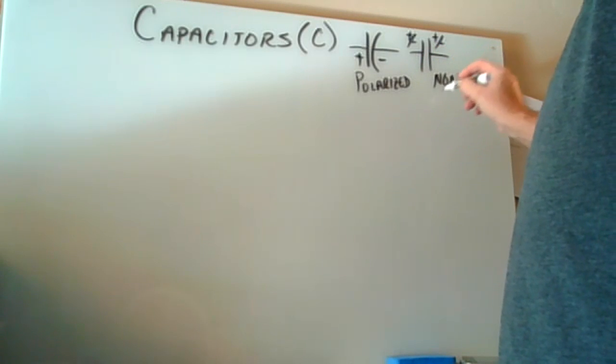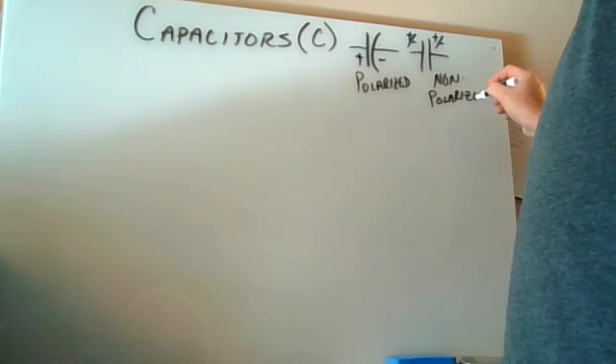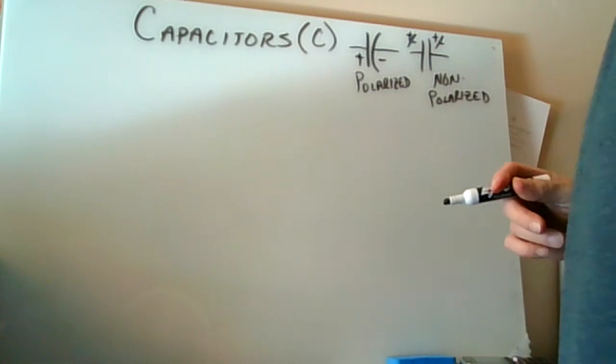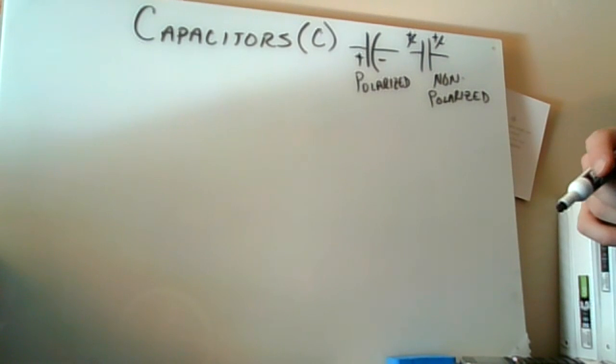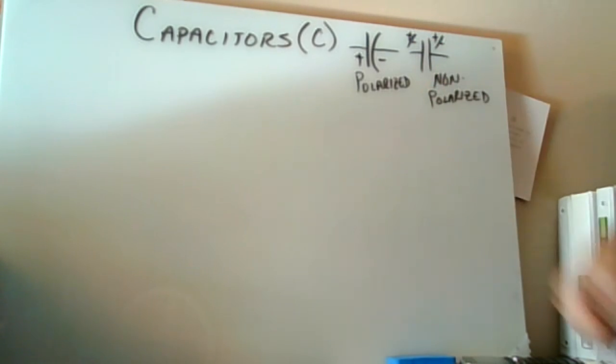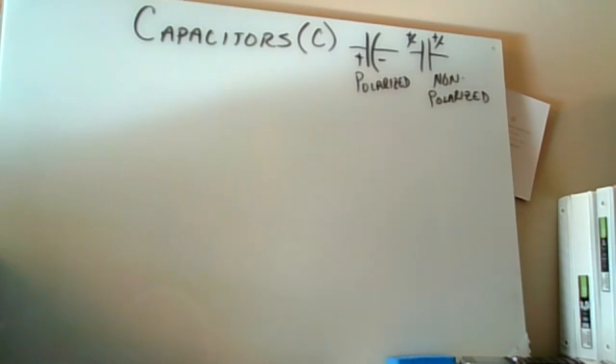These are non-polarized. What's the biggest difference between polarized and non-polarized that you see? The non-polarized doesn't matter which way you put it in the circuit because you've got the plus and the minus on both sides. Polarized, if you put it in the circuit the wrong way, it will blow up on you.